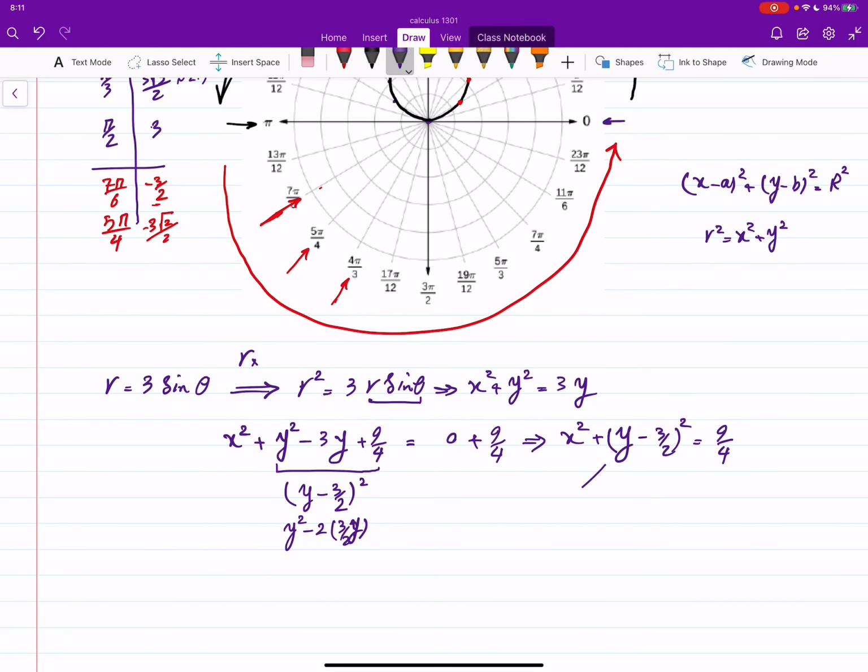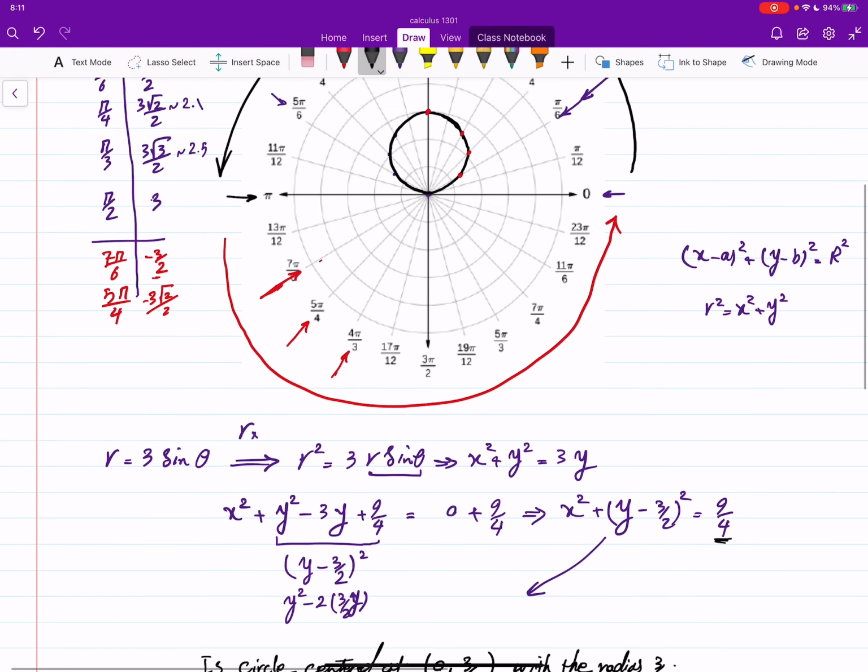And this, as I claim, is a circle centered at, you see, x minus 0 squared, so it is 0. Y is 3 over 2, with the radius the square root of this, which is 3 over 2.